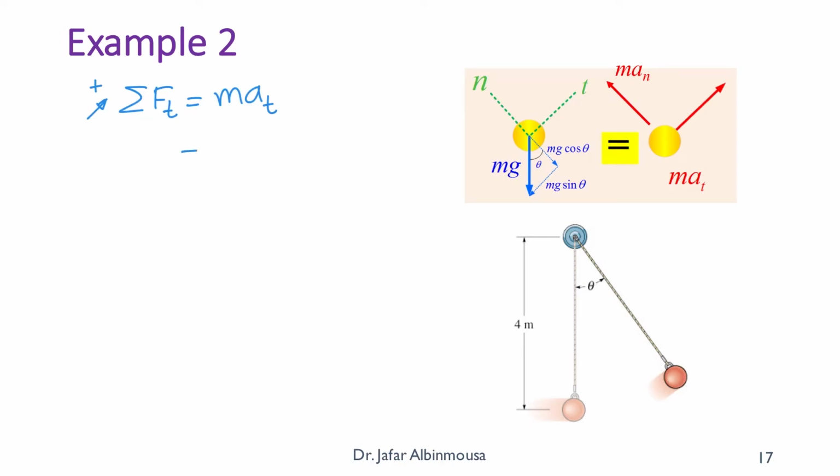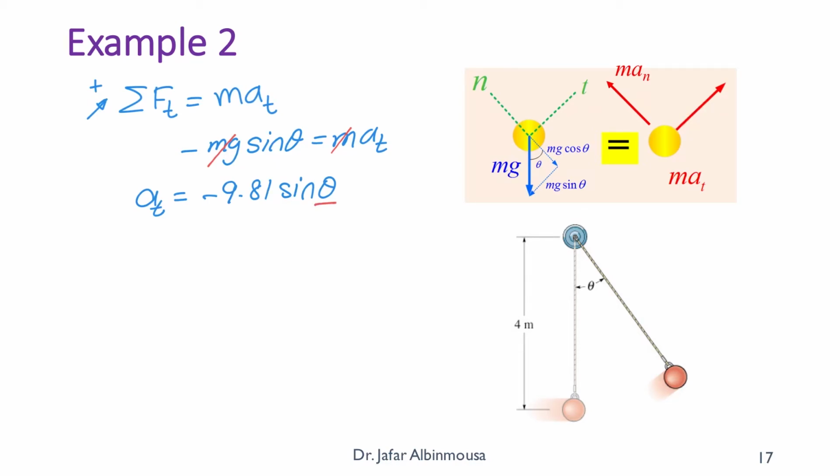So this is going to be minus mg sine theta equals m at. Clearly, we can cancel out the masses, and what we will get is at equals minus 9.81 sine theta. Now remember that theta is unknown.